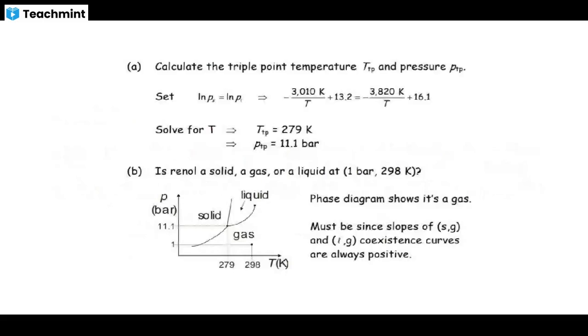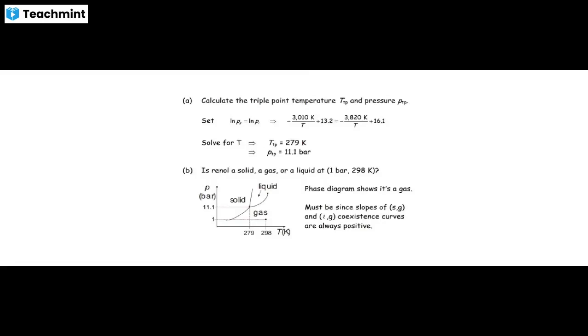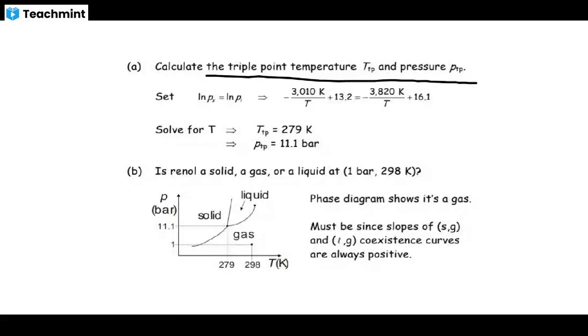Calculate the triple point temperature and triple point pressure. Set the pressure of the solid equal to the pressure of the liquid, that is, set ln pS equal to ln pL.